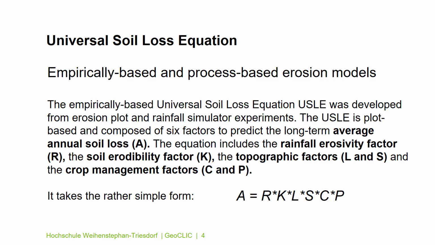The equation includes the rainfall erosivity factor, R, the soil erodibility factor, K, the 2 topographic factors, L and S, and the crop management factors, C and P. And in its simple form, the annual soil loss equals R multiplied with K, multiplied with L, multiplied with S, C, and P. By the way, that's something you can easily calculate in the raster calculator in QGIS or ArcGIS.